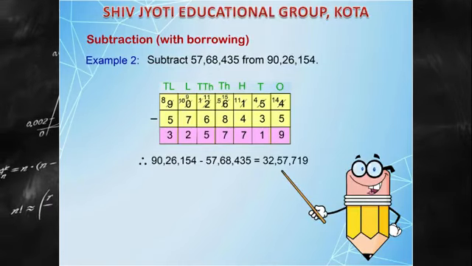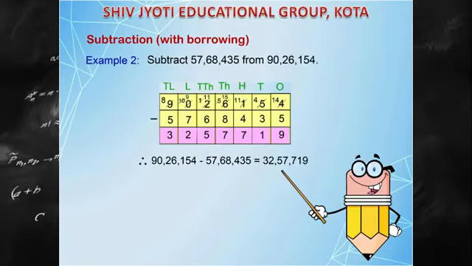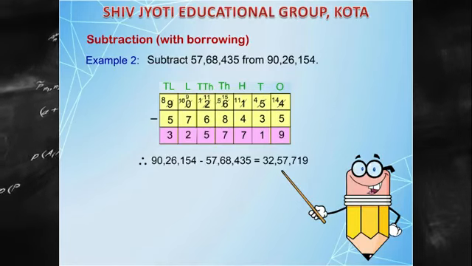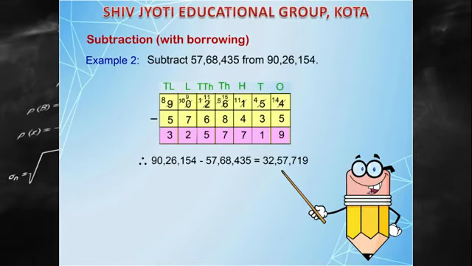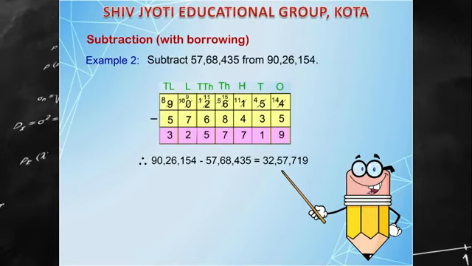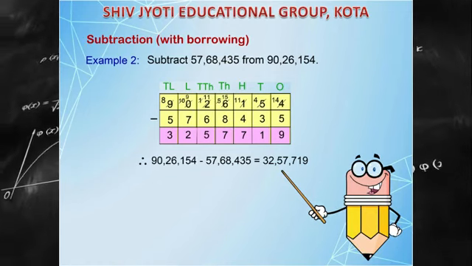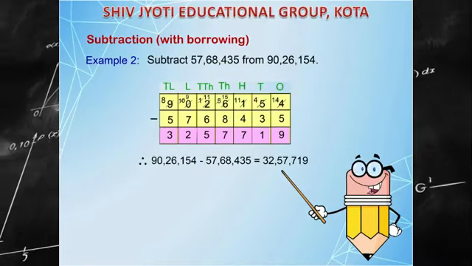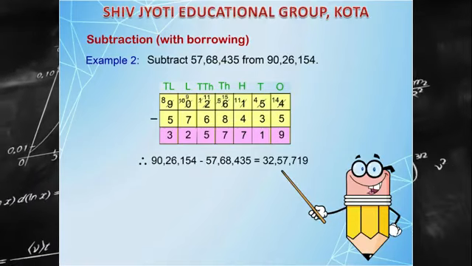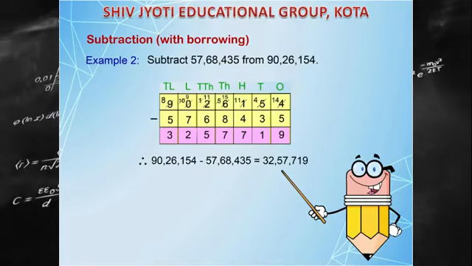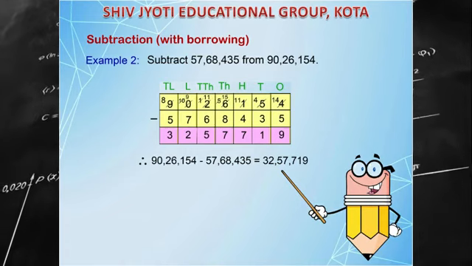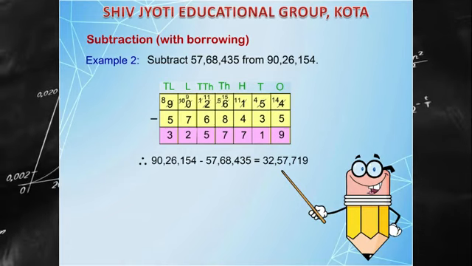Because at 10 lakhs place digit is 0. So here 9 will become 8, 0 will become 9 and 1 will become 11. Here 11 minus 6 equals to 5. 9 minus 7 equals to 2. 8 minus 5 equals to 3.